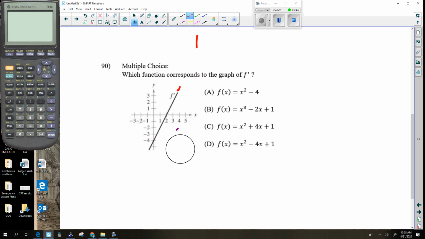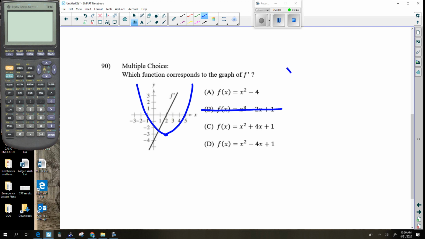So a potential result is that this has a slope of 0, it's positive on this side, getting more positive, and negative on this side, getting more negative as you get away from the 2. This is kind of what we're looking for. What I notice is B is not a correct answer. And I need a vertex of this to be at 2.